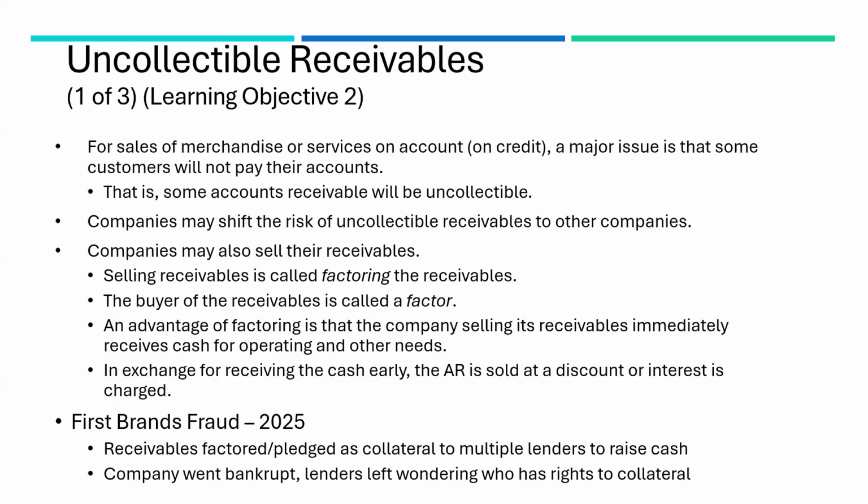Sometimes if a company needs the money now, they'll do what's called factoring the receivables, which is selling the receivables to a bank or some other entity to collect the receivables for them, and then they get the money right away. So if the receivables are going to be collected generally within 30 to 60 days, but the company wants an advance on that money, they can sell those receivables to a bank. And it can be a really stressful situation, companies running out of money, or they just want to have that money more quickly.